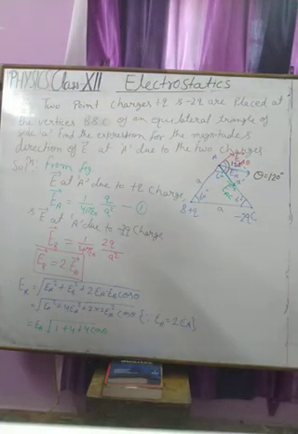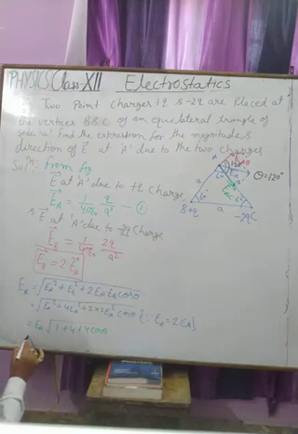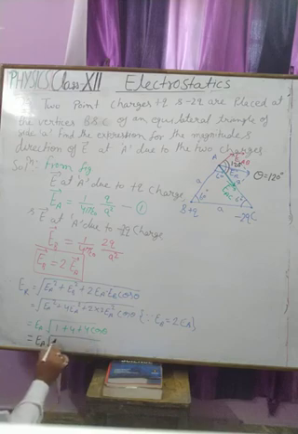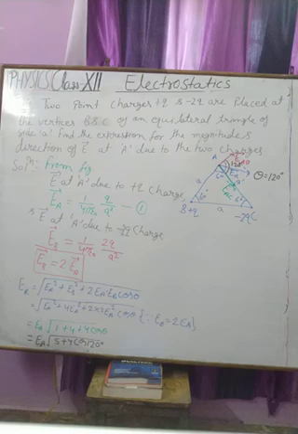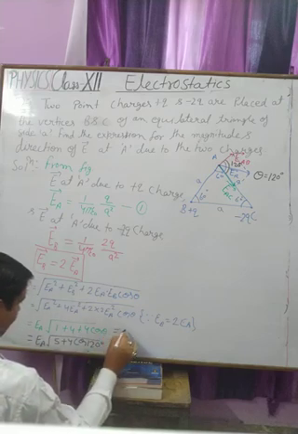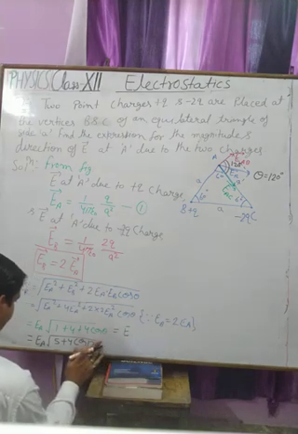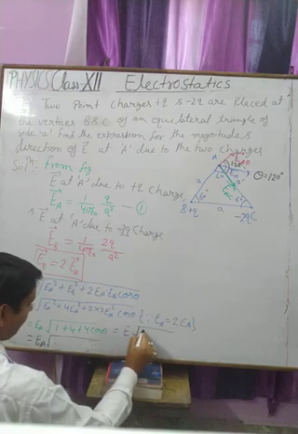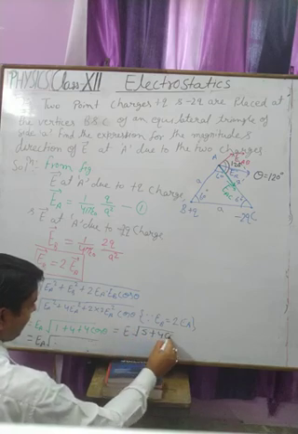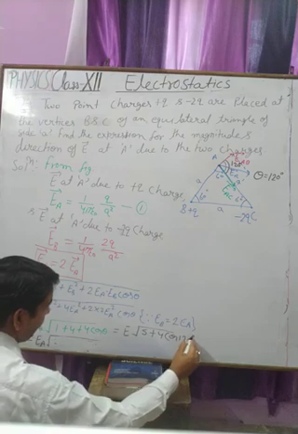By putting this value, E is equal to EA under root 5 plus 4 cos 120 degree.